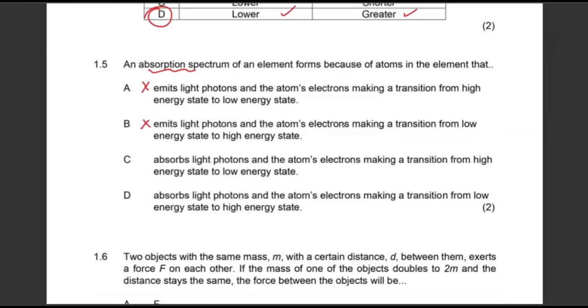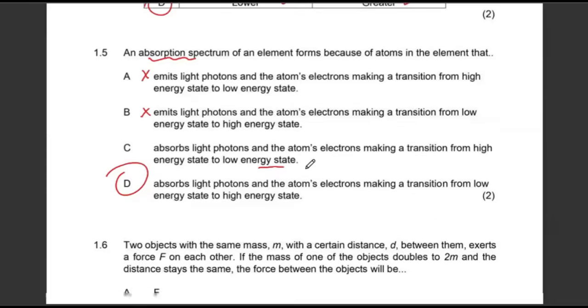Let's look at C and D. C absorbs light photons, and atoms' electrons make a transition from high to low. D absorbs light photons, and atoms' electrons make a transition from low to high. When it absorbs the light, it gains energy. There's no way you can go from a hero to a zero with this sort of absorption spectrum. You always have to start from zero and then become a hero. So option D becomes the best. Start from zero, you go up.